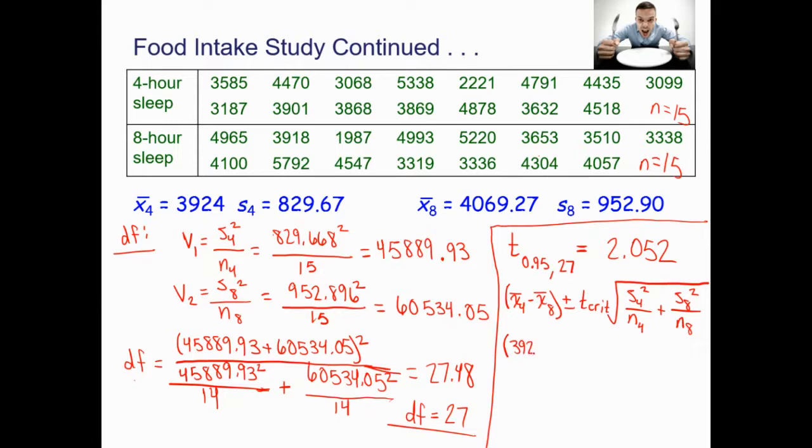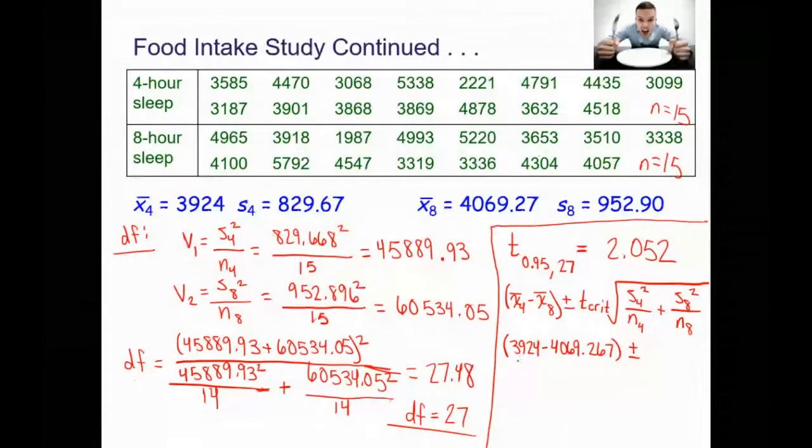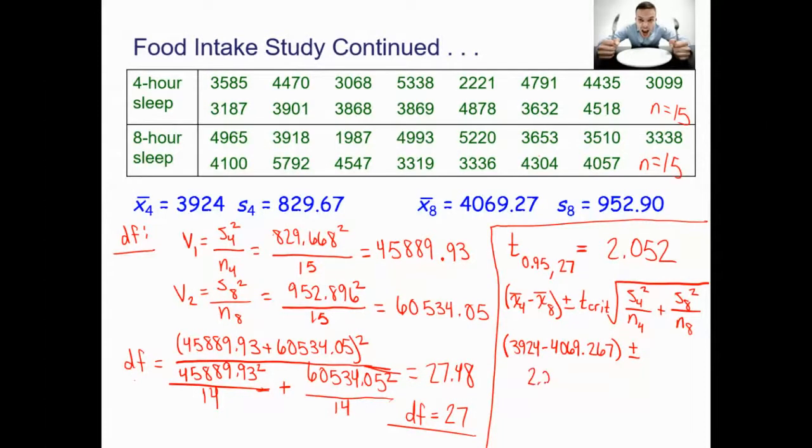So 3924 minus 4069.267 plus or minus, I need to drop down to the next line because I'm out of room, 2.052 times the square root of 829.668 squared divided by 15 plus 952.896 squared divided by 15.